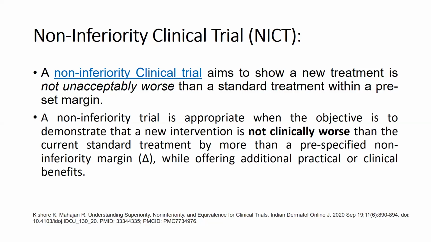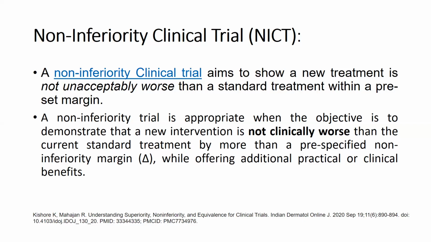Not unacceptably worse. It is worse, but there is some limit, than a standard treatment within a preset margin. And this preset margin is called non-inferiority margin. We will discuss, okay?